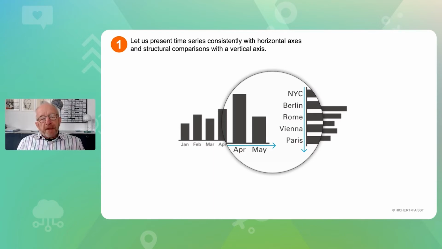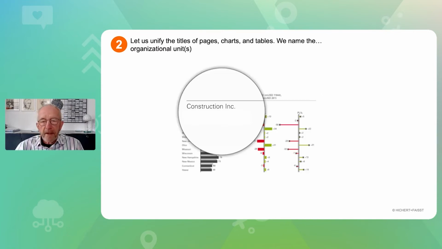The first one is time and structure. And the suggestion is, let us present time series consistently with horizontal axis here, January, February, March, and so forth, and structure like projects, cities, countries, departments with a vertical axis, either bars, columns, lines, whatever.